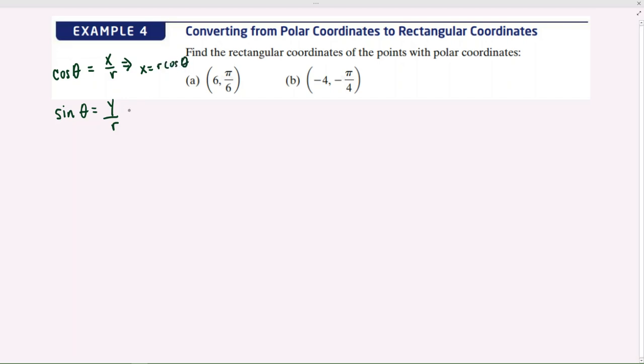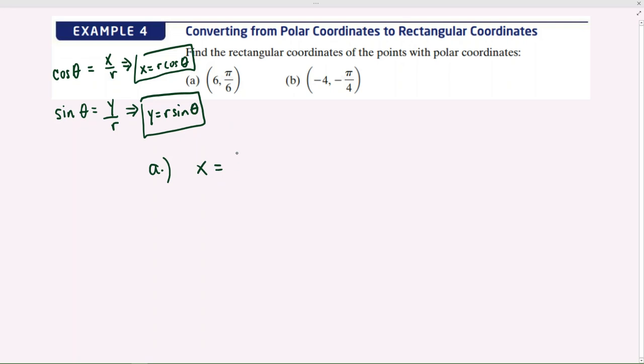Solve this for y. Let's multiply both sides by r, and we get that y is equal to r sine theta. Okay, so what we're going to do is use this formula to find the rectangular coordinates of these two polar coordinate points.